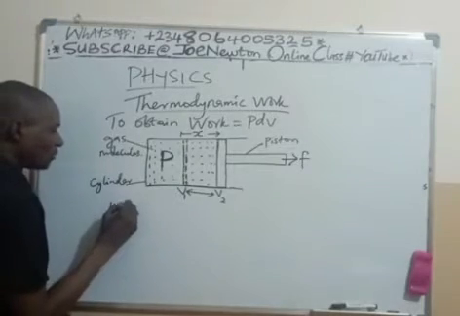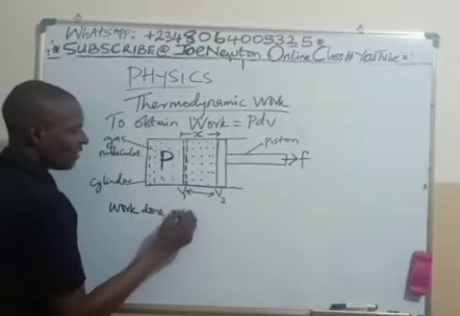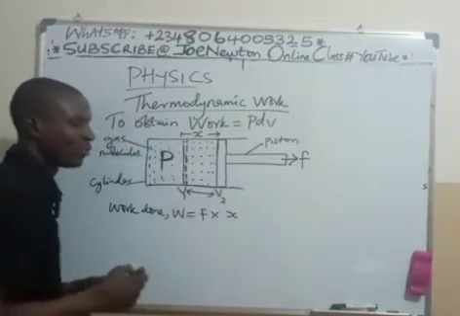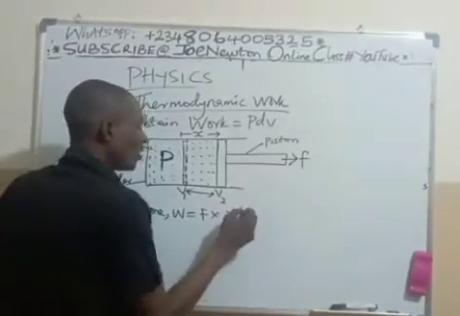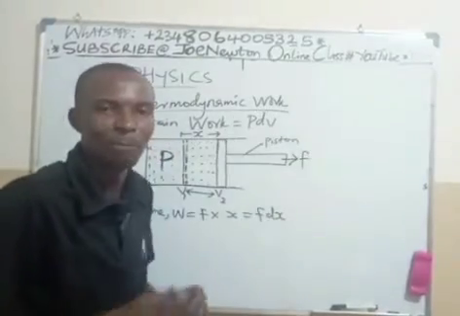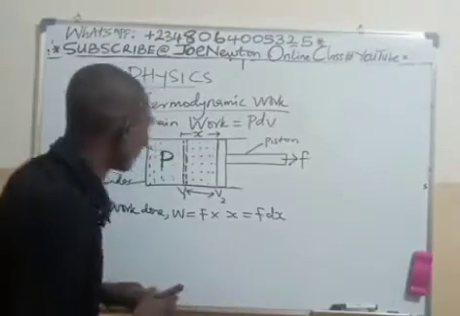Now, work done, the work is equal to force times x. I want to use x as the distance here, or displacement, which is also equal to F dx in a case of change in position from the original position to another position.